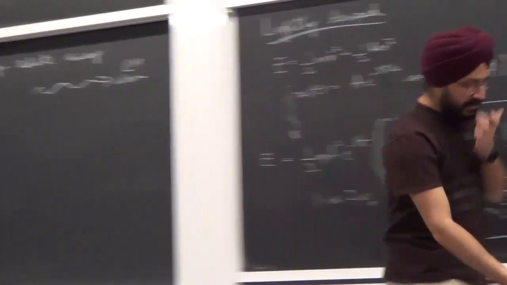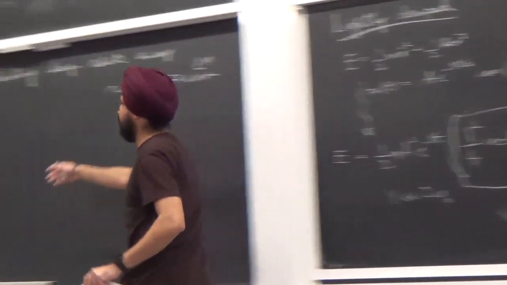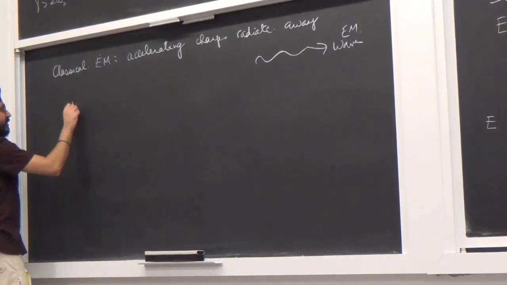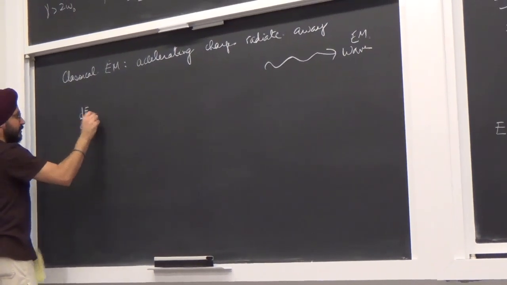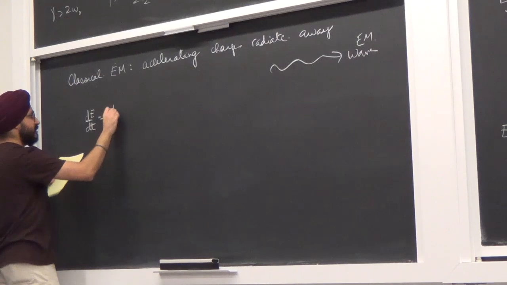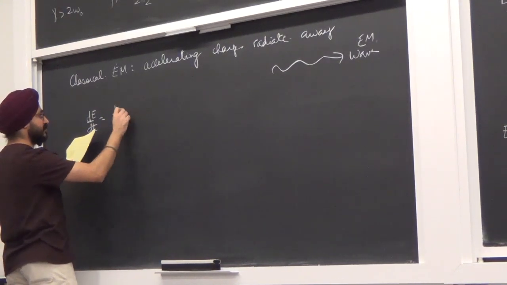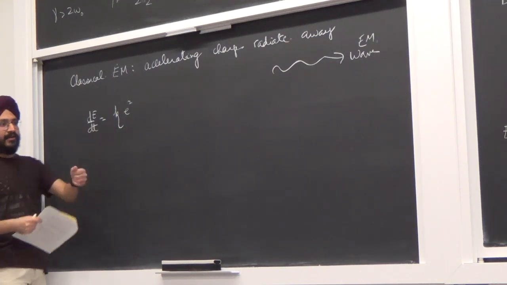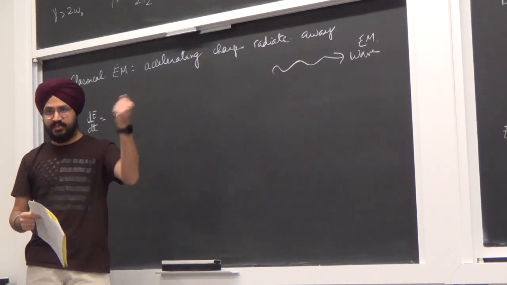Okay. So again, if you work it out in classical electromagnetic theory, what you find is that the rate of energy change is some constant, kappa. I'll tell you what that is. Electron charge squared. So this is a model for an electron oscillating with a charge e.